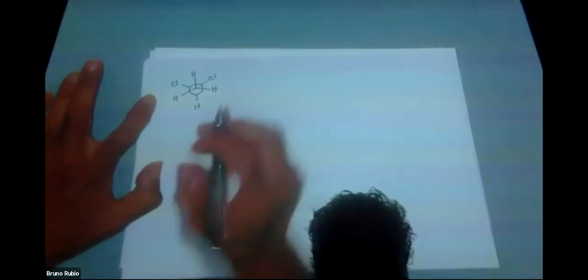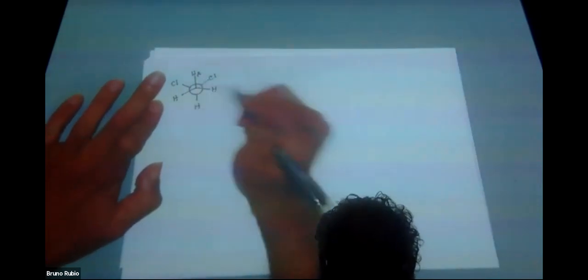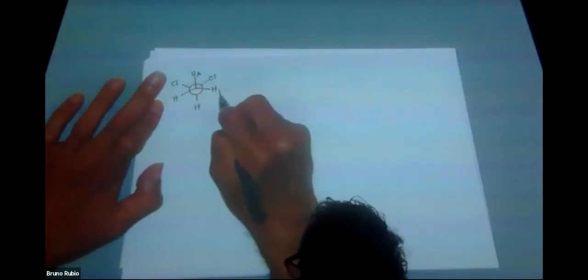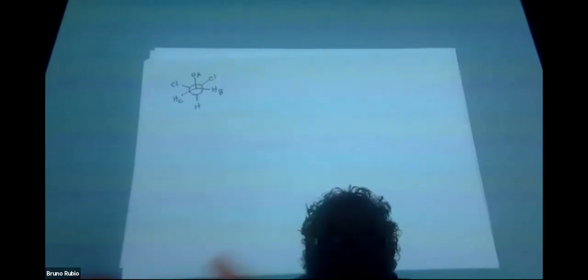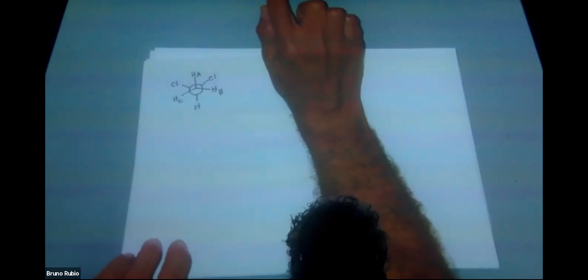And I'm going to label this proton HA. I'm going to label this proton HB, and I'm going to label this proton HC. Okay, so look at this guy. If this Newman projection were frozen in this conformation, in other words, if that single bond did not rotate, how many signals would the methyl group give me, right?